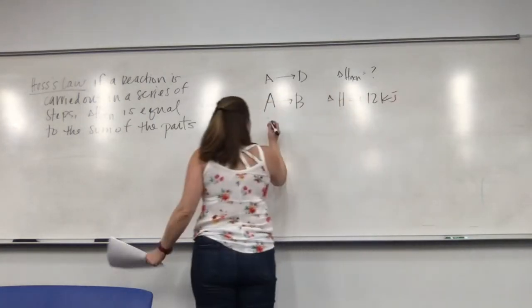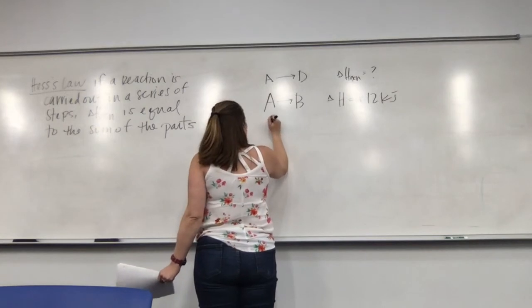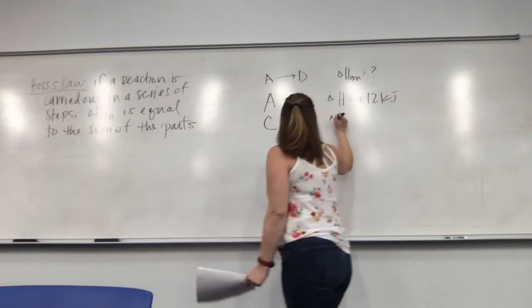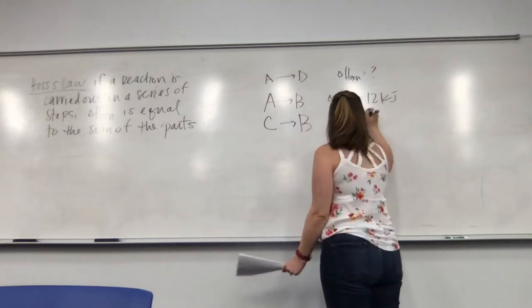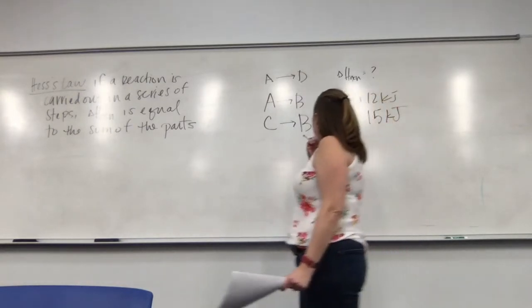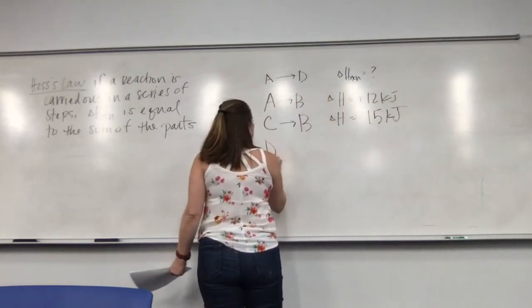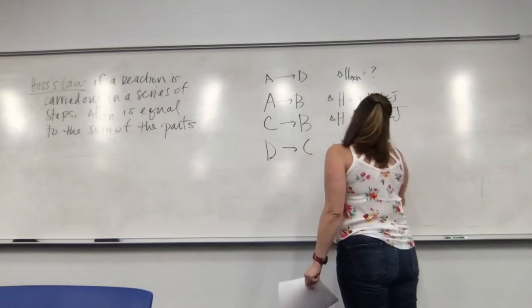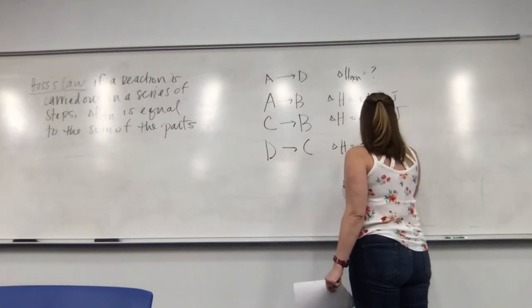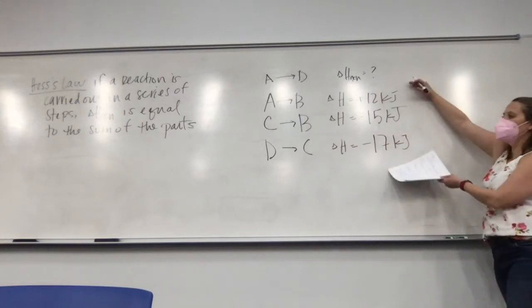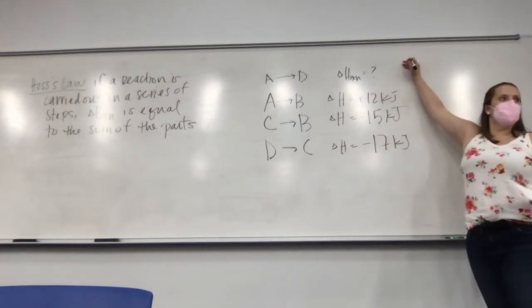If we know that C goes to B, delta H is equal to negative 15 kilojoules, and D goes to C, this delta H is equal to negative 17 kilojoules. So we have these three steps, and we want to be able to calculate delta H reaction.